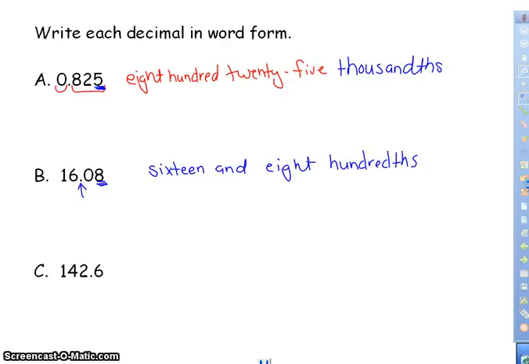Okay, you'll notice that the "ths" at the back represents that the number is behind the decimal point. Hundredths is behind the decimal point. So 16 and 8 hundredths.